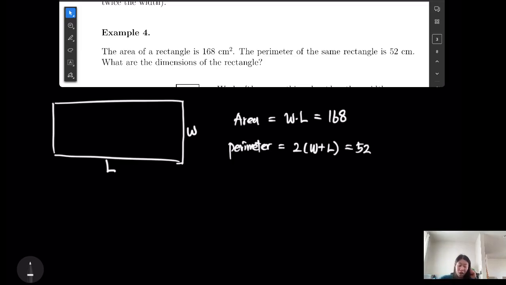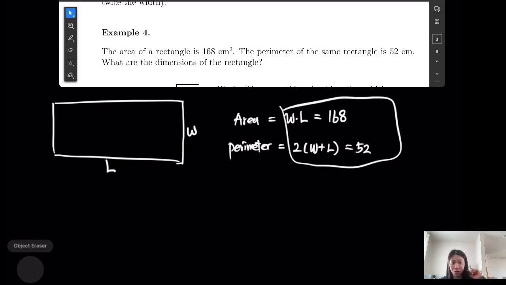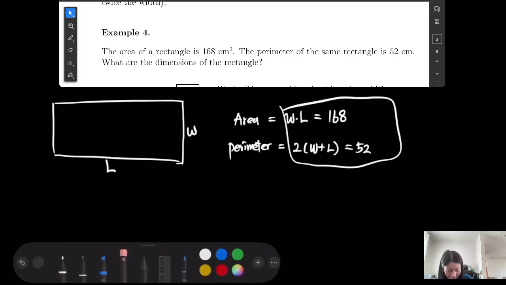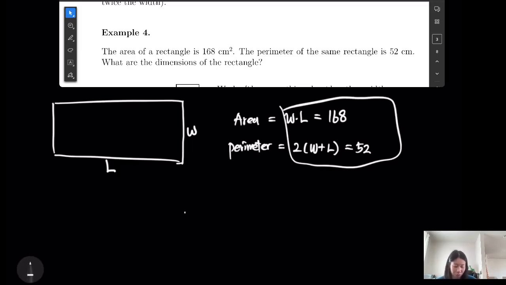Now we have two formulas, two equations, sorry. With these two equations, we can solve for two variables. So the width times the length equals 168. From the first one, I have the width equals 168 divided by L. And then I can substitute into the second equation.